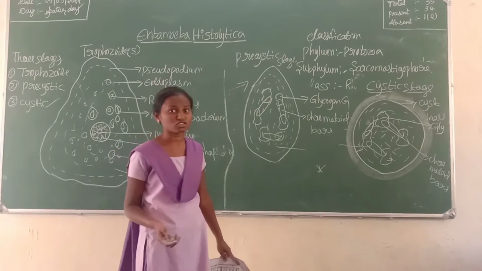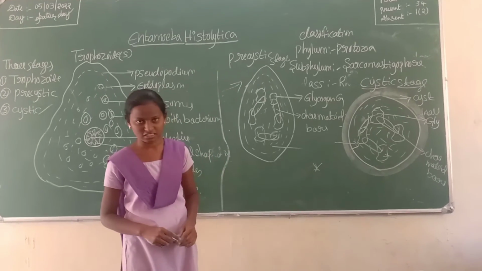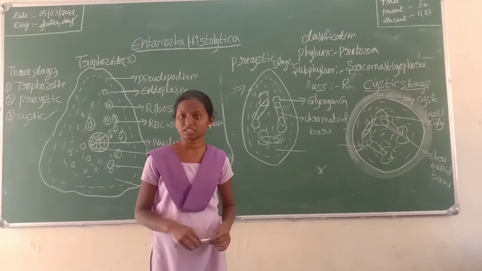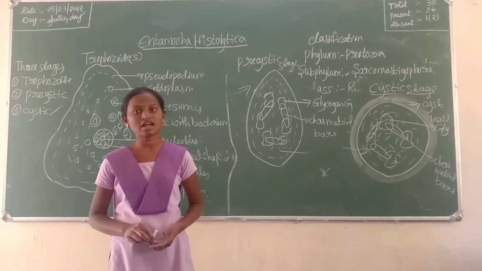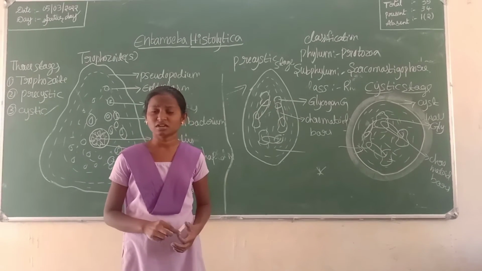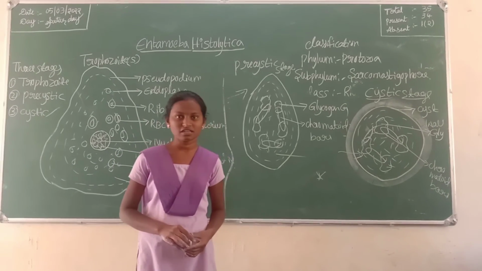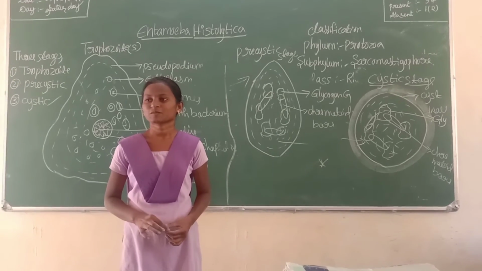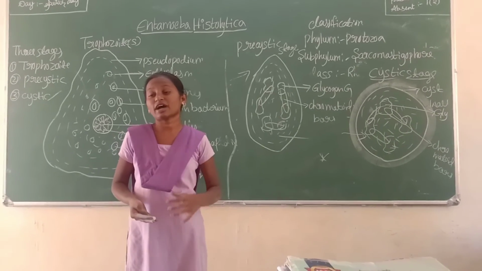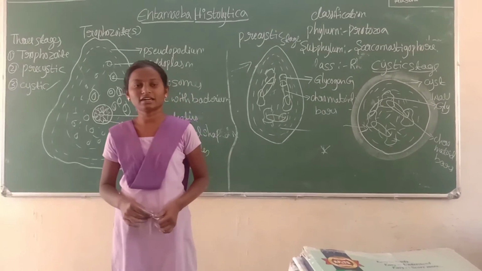What is the pathogenicity of entamoeba histolytica? Sometimes it enters directly into the lungs, kidneys and large intestine, so it becomes a difficult disease in man. This is the entamoeba histolytica disease. It spreads through contamination of food and water.